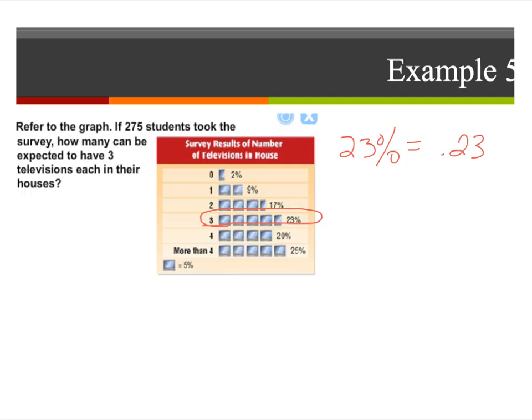Okay, so now we're going to take that 275 times 0.23. 5 times 3 is 15. Carry the 1. 21 plus 1 is 22. Carry the 2. 2 times 3 is 6 plus 2 is 8. Put my 0. 5 times 2 is 10.